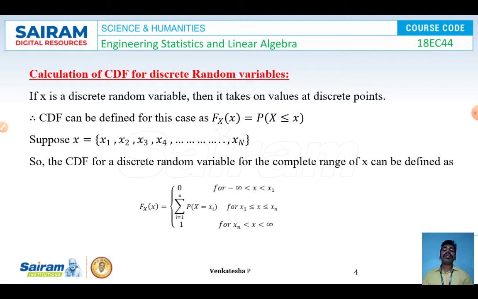Suppose I take X values like x1, x2, x3, x4 and so on till xn. The CDF for a discrete random variable for the complete range of x can be defined as follows.